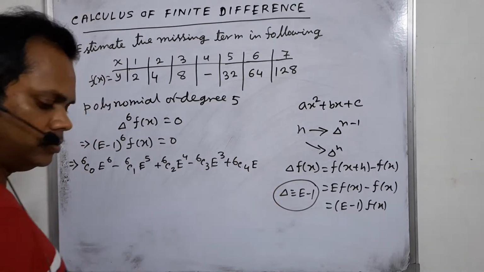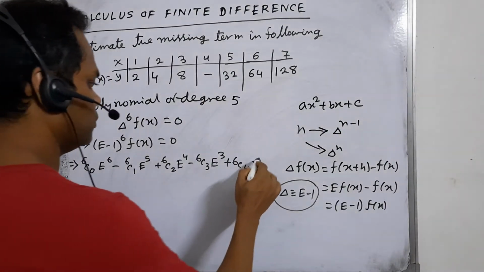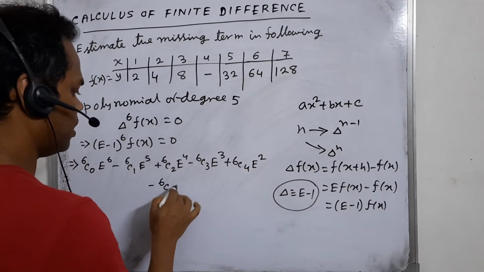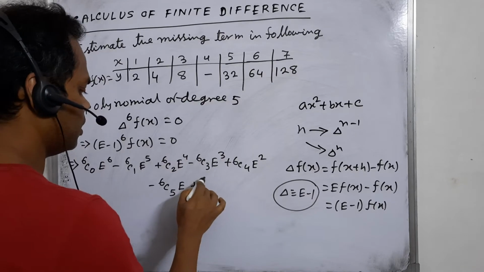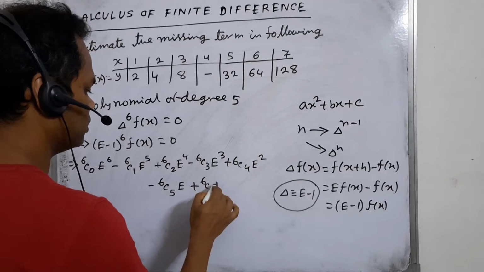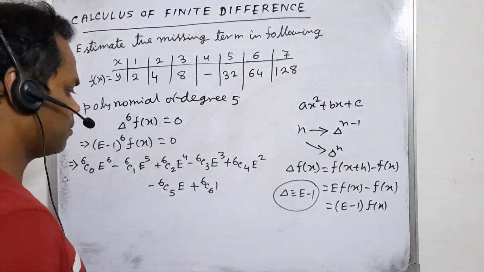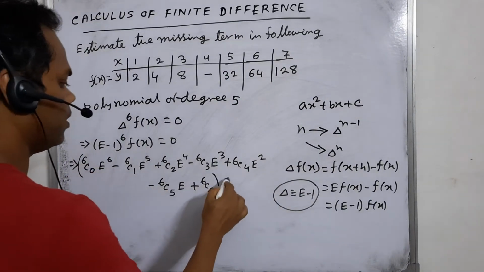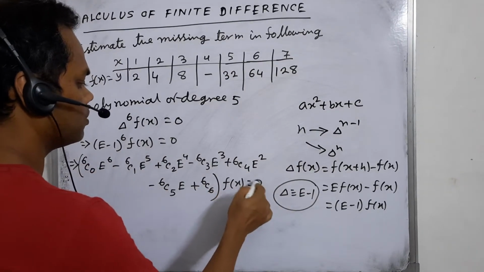E to the power 2 minus 6C5 E plus 6C6, within brackets f(x). This one is equal to 0.